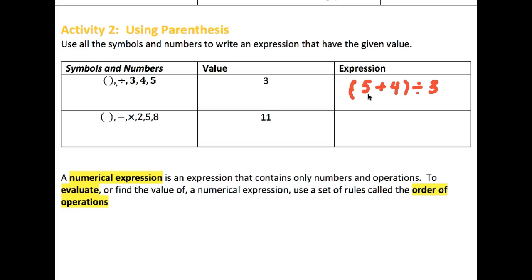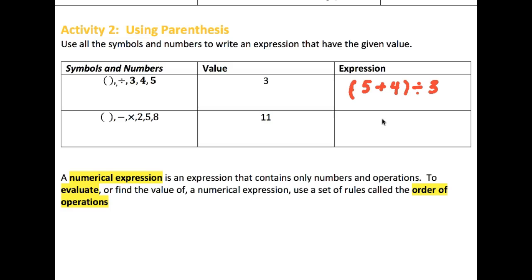Okay, did you come up with 5 plus 4 divided by 3? 5 plus 4 is 9. 9 divided by 3 is 3, so I got the value. In the second one, we have to use parentheses, subtraction, multiplication, and the numbers 2, 5, and 8.